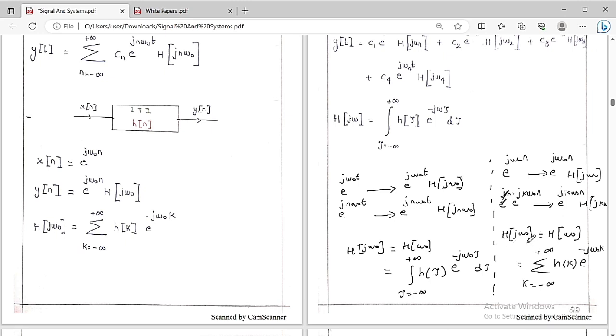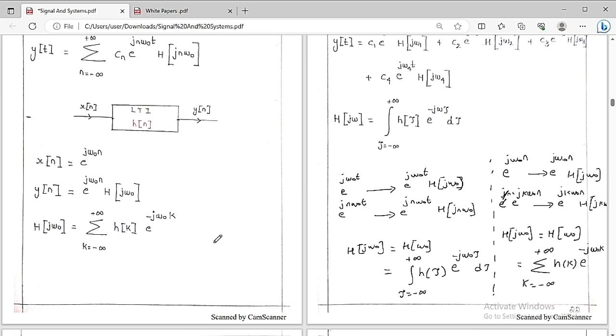H of j omega naught, or H of omega naught, is equal to the sum from k equals minus infinity to plus infinity of h of k into e to the power of minus j omega naught k. Tau is nothing but k here. So replace tau by k and replace integration by sigma. That's it. You are going to get this expression.